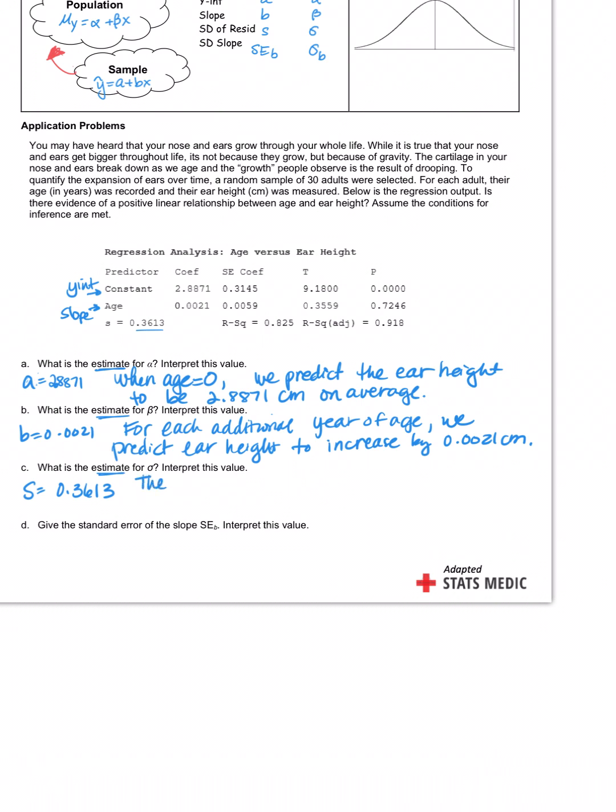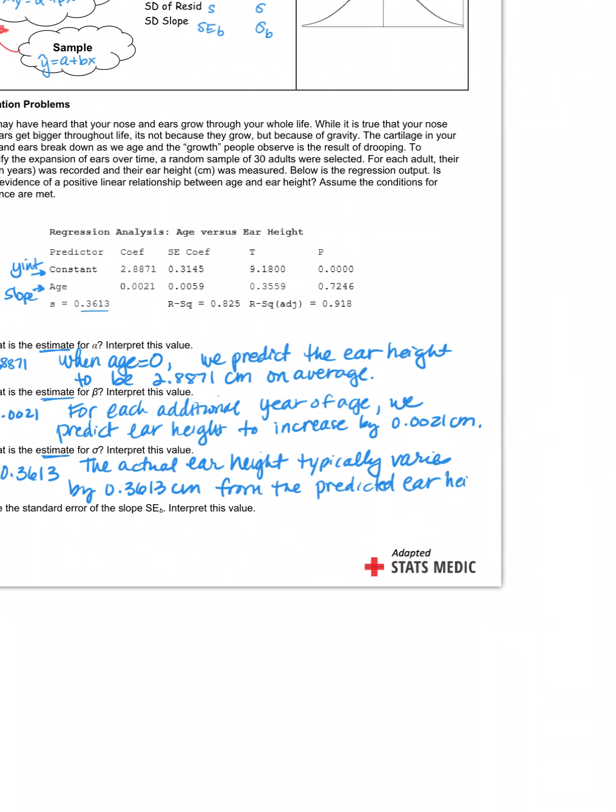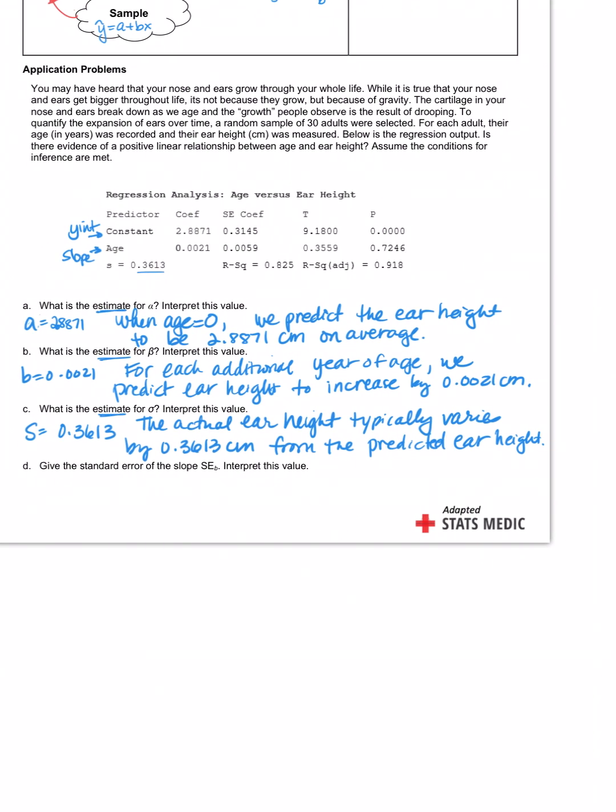So we would say the actual ear height typically varies by 0.3613 centimeters from the predicted ear height.